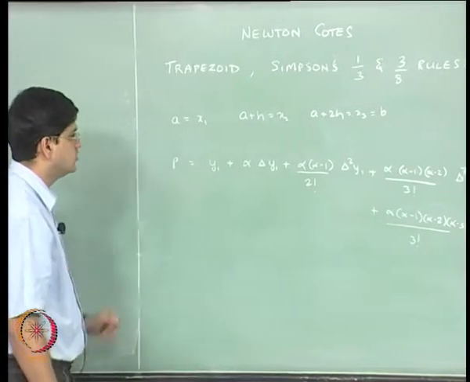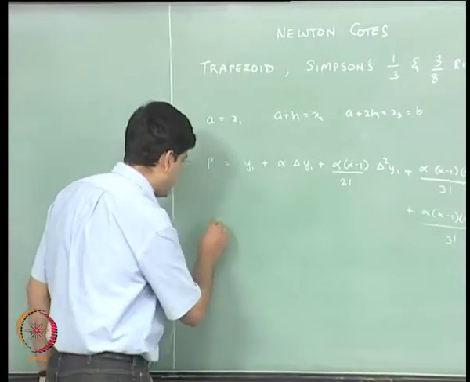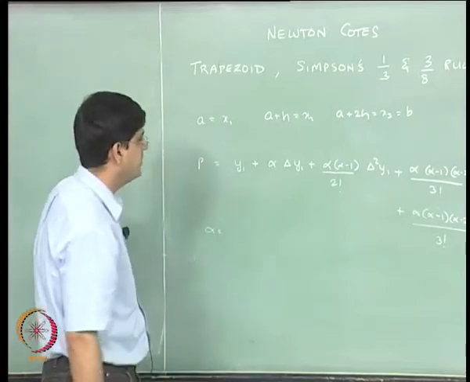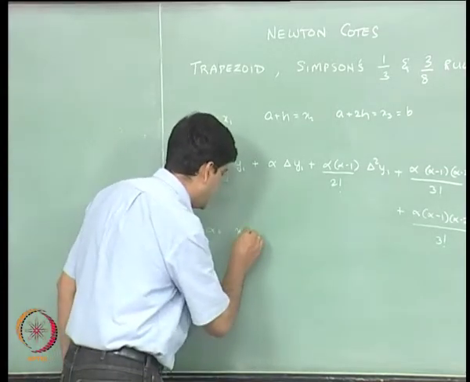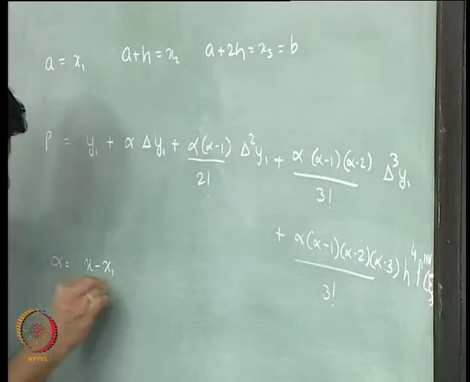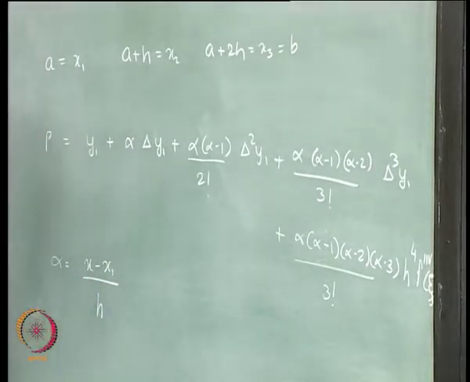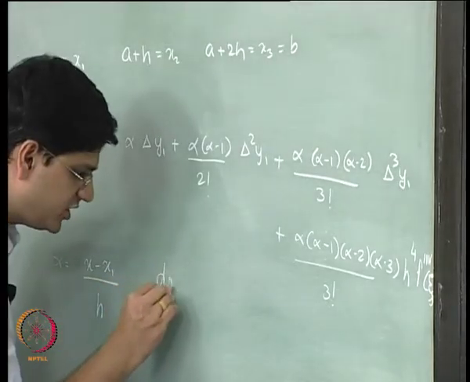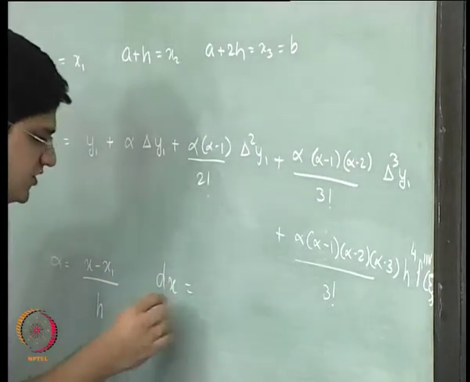Okay. So that is what we get, where alpha, if you recall, is defined as x minus x1 divided by h.